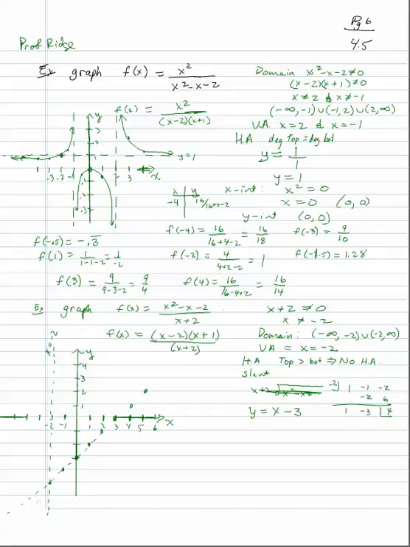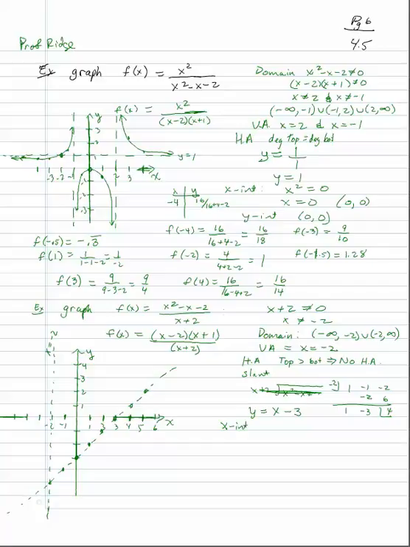I'm going to run out of room, because I have a feeling my graph is going to be down in this corner here where you may not be able to see it all. Alright, so vertical asymptote, now we've got to look for x-intercepts.